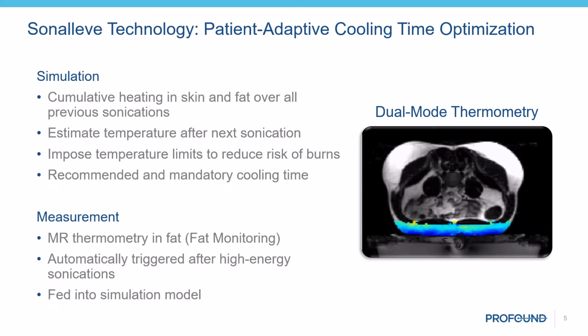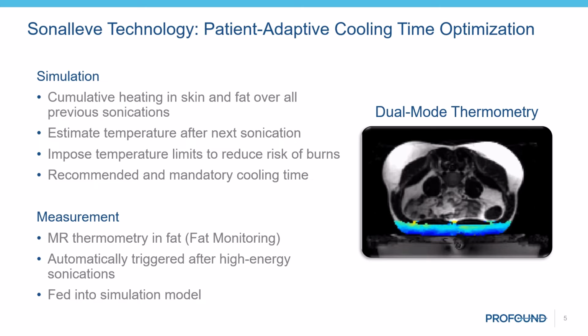To further reduce the risk of skin burns, Sonalleve also includes a patient adaptive cooling time optimization, which consists of a simulation and a measurement part. Thermal simulations are automatically performed by the software to estimate the cumulative heating in the patient's skin and fat layer over all previous sonications.